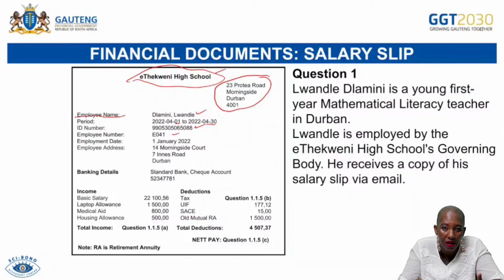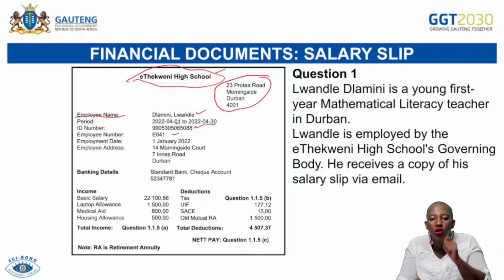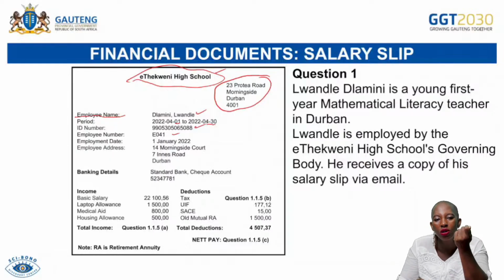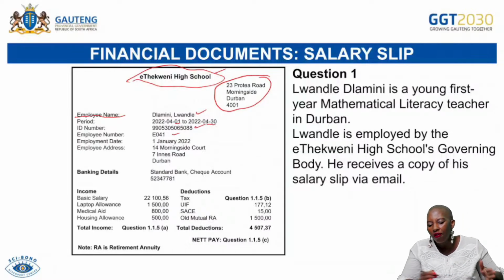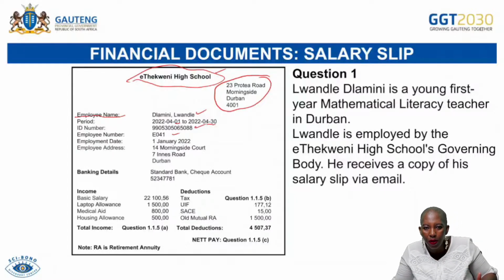Remember, each and every single person has an employee number, the number that identifies you. So when they pay you, they use an employee number because that number identifies you as an individual. If I see this number, that number says this is Mithala Chia, and then Mithala Chia has worked for this period of time from the 1st of April up until the 30th of April for that particular month.